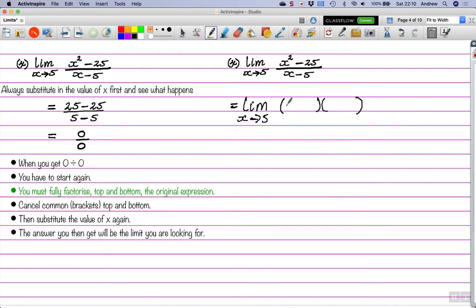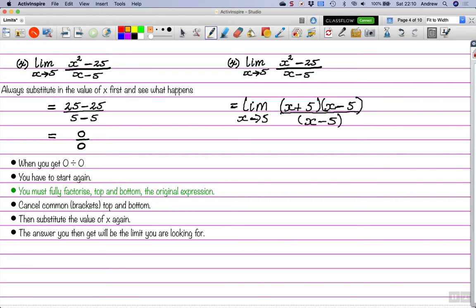The square root of x squared is x, which we write in both brackets. The square root of 25 is 5, which we write at the end of both brackets. And the final part of factorizing the difference between two squares is you put a plus in one bracket and a minus in the other. The division symbol goes in, and now you've got x minus 5 on the bottom.